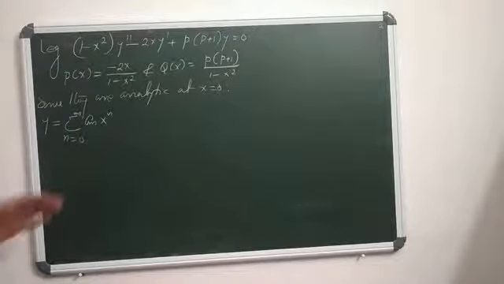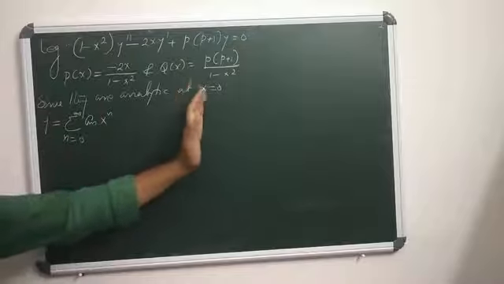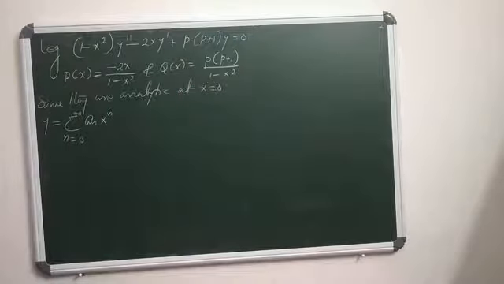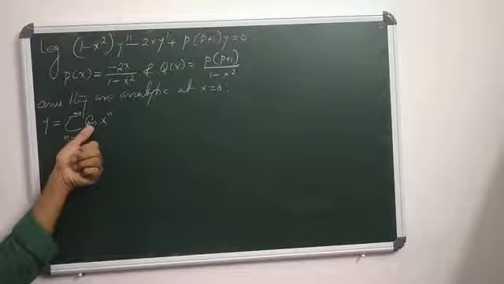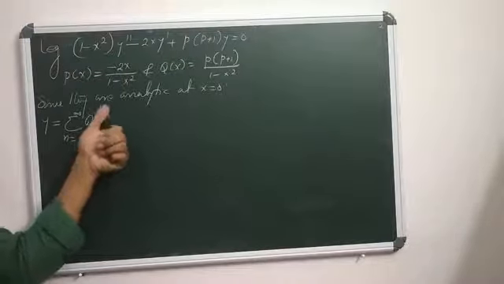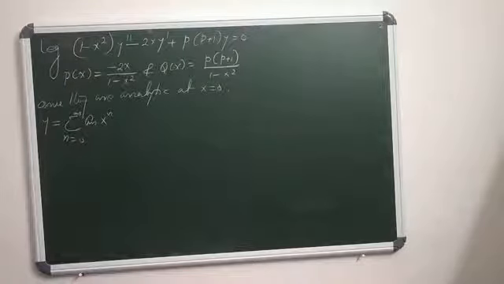Instead of this, suppose the functions are analytic at x equals 1, then you can only assume y equals sigma n ranges from 0 to infinity a n (x minus 1) all power n as the power series solution. So that's the difference.